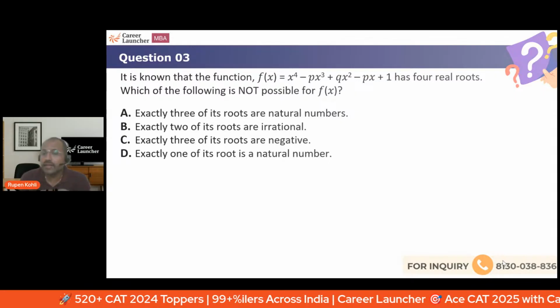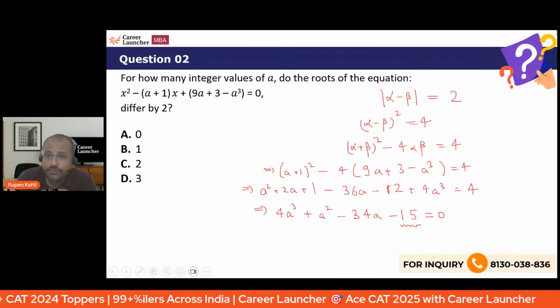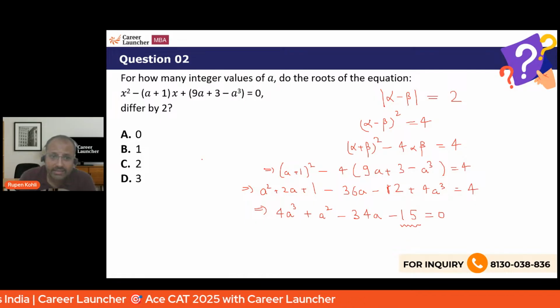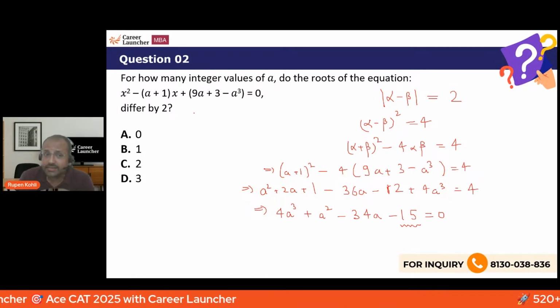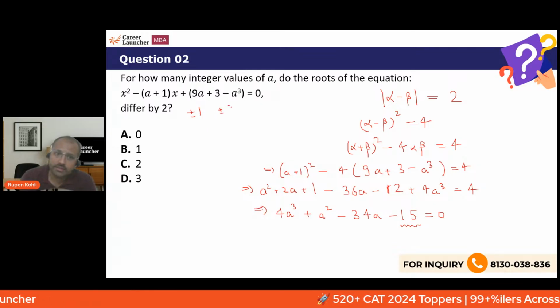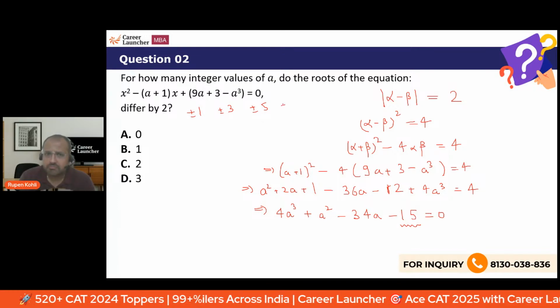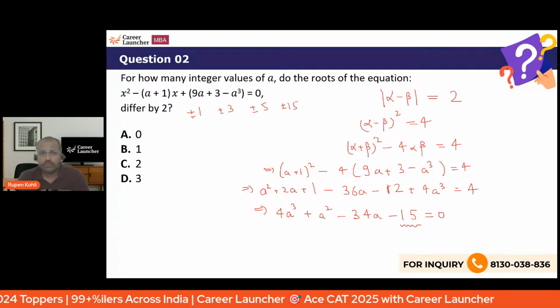the constant term over here is minus 15. So the only possible roots which could come here as integers could be factors of 15 with a plus or minus sign, which is plus minus 3, plus minus 1 also, and plus minus 5, and maybe plus minus 15, right? So you should try only these.